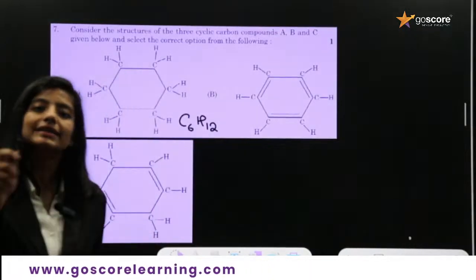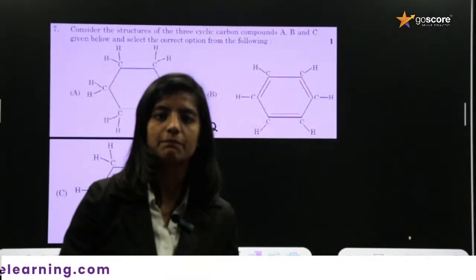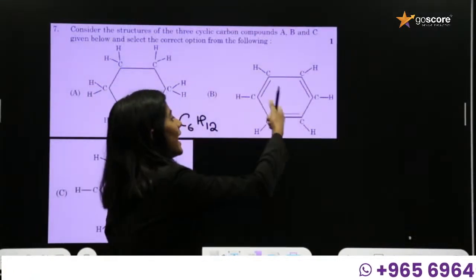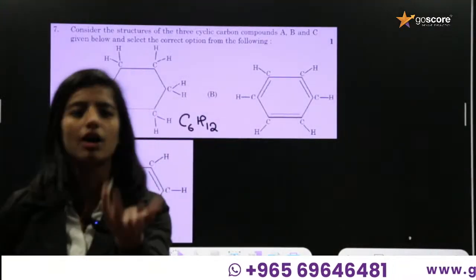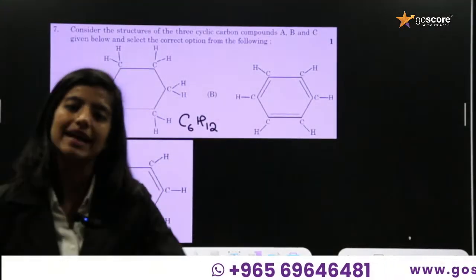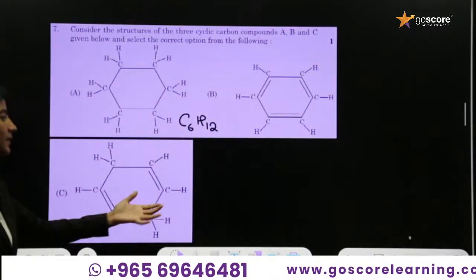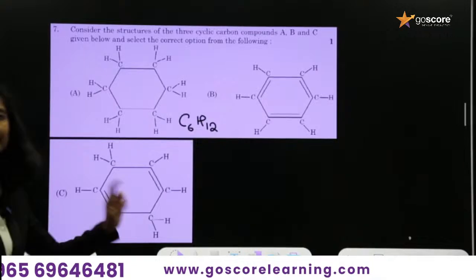But it is a saturated cyclic compound, a saturated cyclic hydrocarbon. And the second one is an unsaturated cyclic carbon compound, which we call benzene. When we consider these two, they're entirely different. We have 3 double bonds over there, only 2 here. They cannot be isomers.